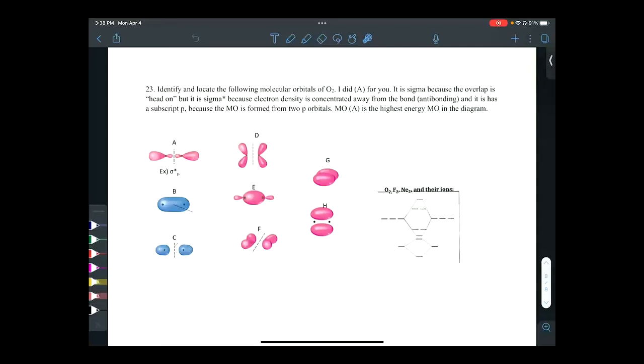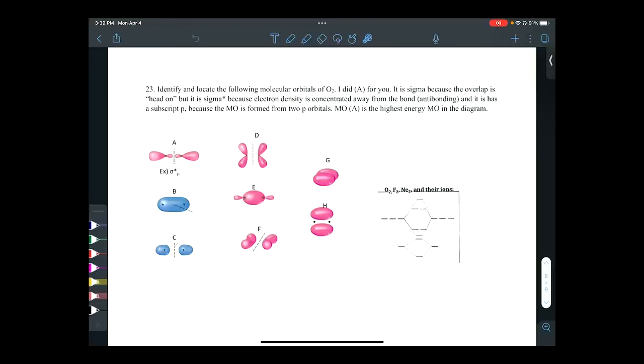So if you overlap 2 waves on 2 different unpaired electrons on 2 different atoms, they can combine in different ways. They can combine constructively. When we have a constructive interaction, what type of bonding is that? Bonding or anti-bonding? Bonding, so there's no star.